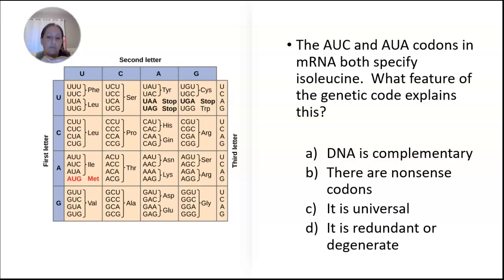C is also true, it's universal, but that's not what this question is specifically pointing to. This question is pointing to the fact that it is redundant. You have two codons specifying the same amino acid. So that's redundancy. Another word sometimes used for redundant is degenerate, and that means the same thing. I don't love that word, but sometimes we use that.